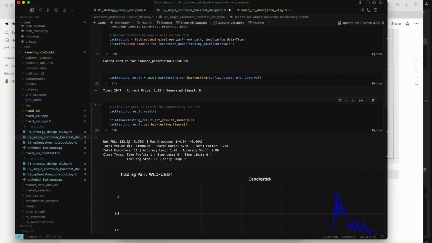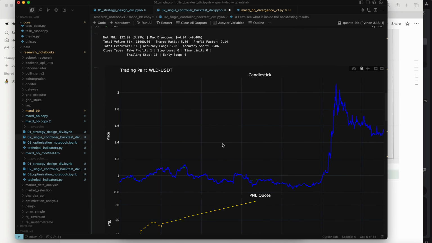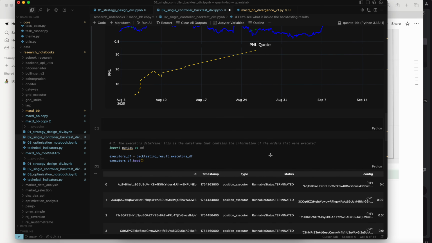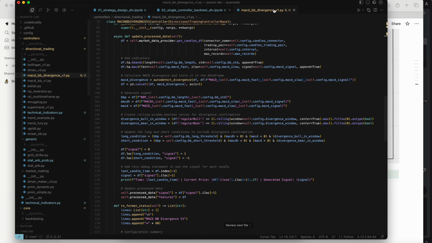So we had a net profit and loss, and various other stats. It shows you the profit and loss. And now we go to the code itself.